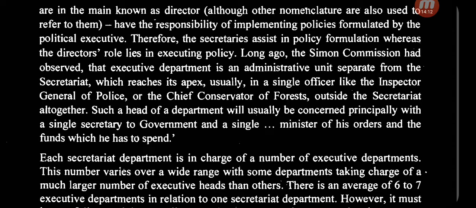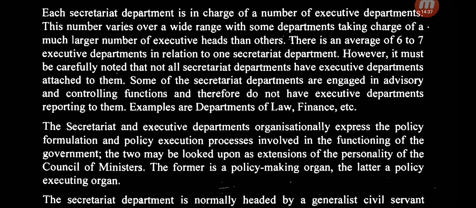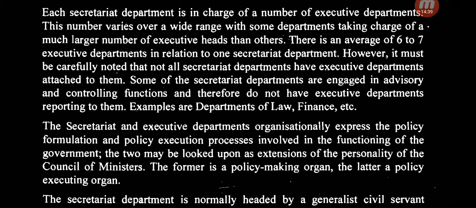Such a head of a department will usually be concerned principally with a single secretary to government and a single minister, and the funds which he has to spend. Each Secretariat department is in charge of a number of executive departments. This number varies over a wide range, with some departments taking charge of a much larger number of executive heads than others. There is an average of 6 to 7 executive departments in relation to one Secretariat department.